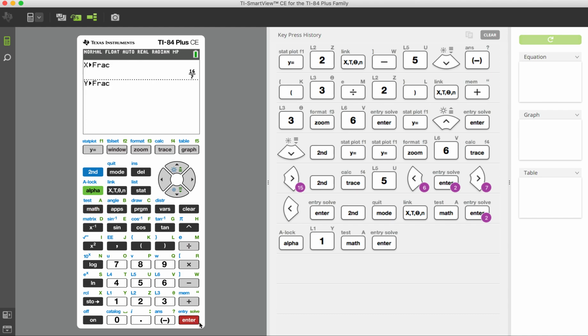So change y into a fraction, and it says that our y value is -3/7. So our intersection point of those two lines is actually 16/7, comma -3/7. So this is how you would find the intersection of two lines on your graphing calculator for lab number 5.